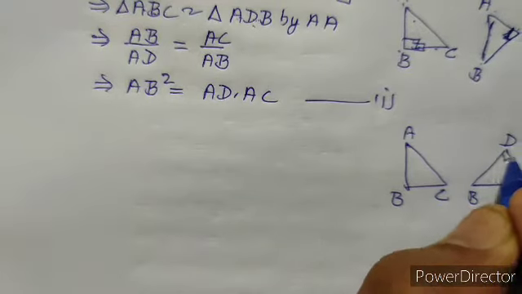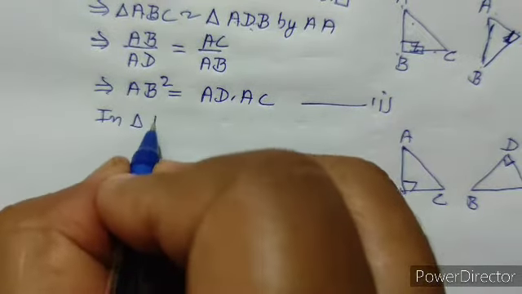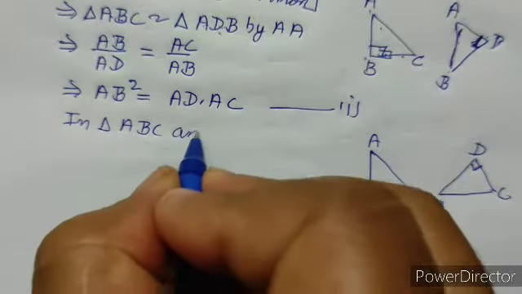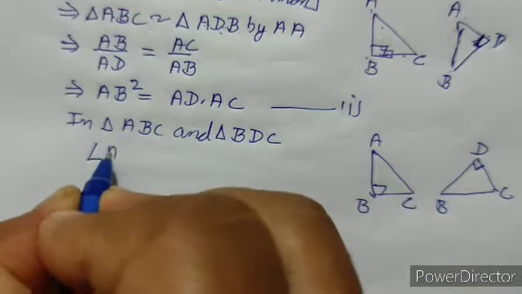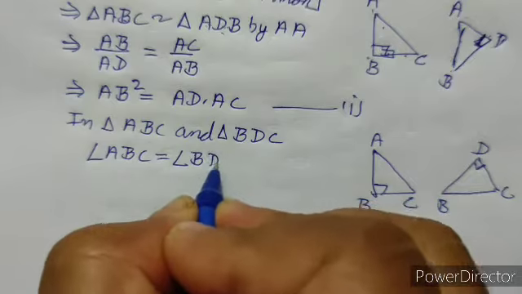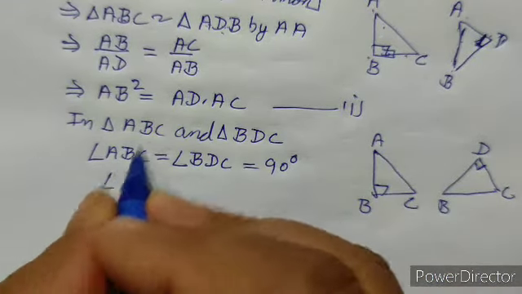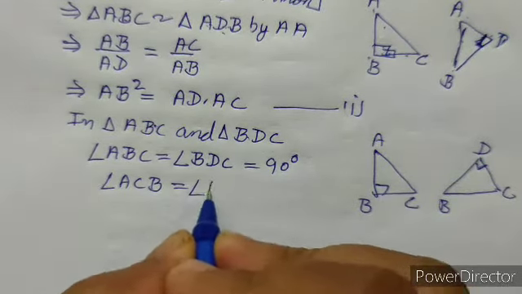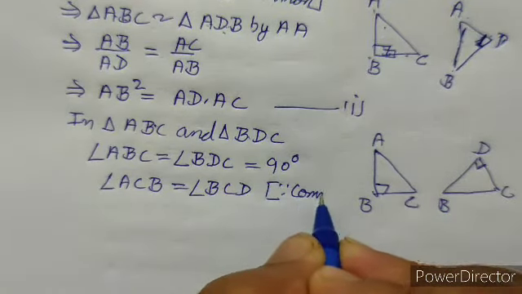Now in triangle ABC and triangle BDC, angle ABC is equal to angle BDC and both are of 90 degrees. Now angle C is common in these two triangles, so angle ACB will be equal to angle BCD. This angle is common.